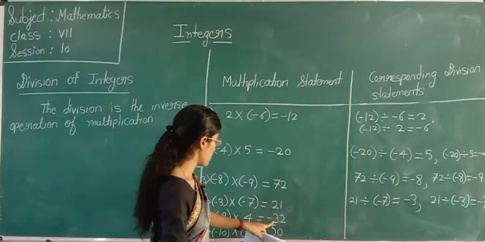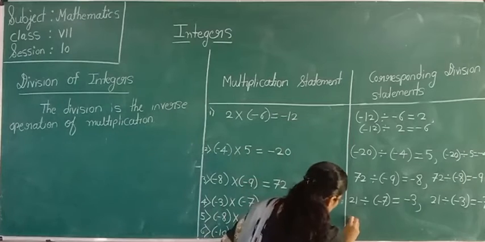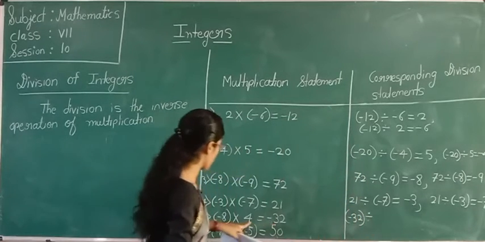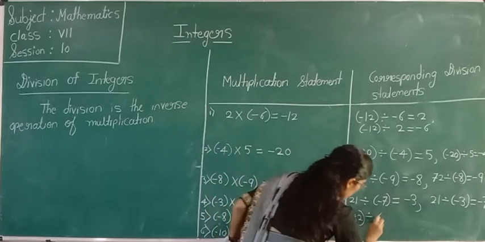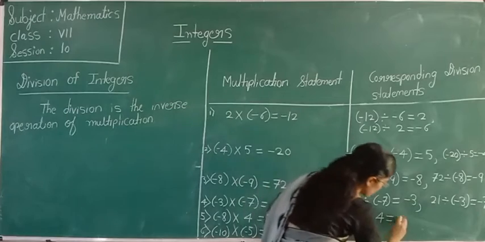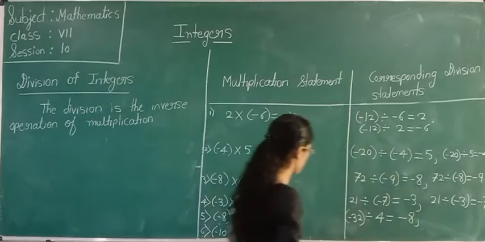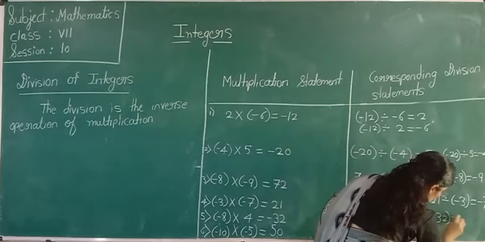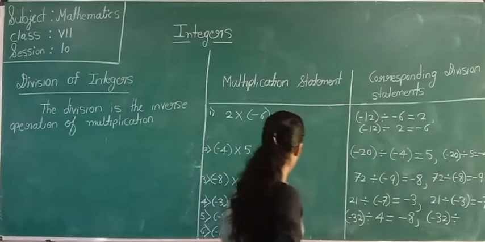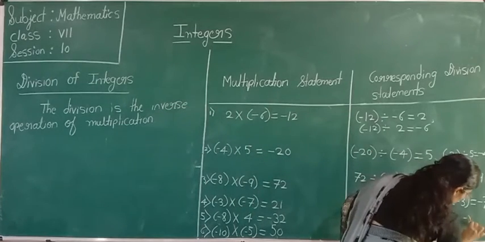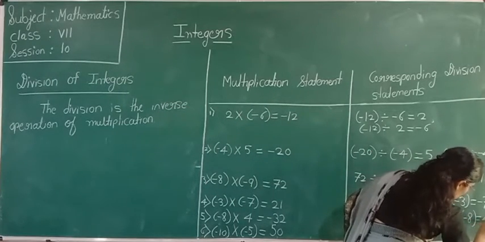Next we will do minus 32 divided by 4. It is minus 8. Minus 32 divided by minus 8, the answer will come 4.